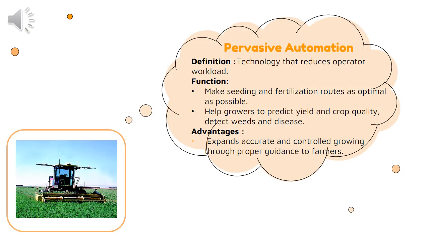The last technology in agriculture is pervasive automation. Pervasive automation is a buzz term in the agricultural technology industry, and it can refer to any technology that reduces operator workload. Examples include autonomous vehicles controlled by robotics or remotely through terminals, and hyperprecision such as RTK navigation systems that make seeding and fertilization routes as optimal as possible.